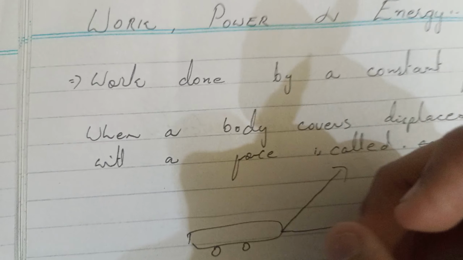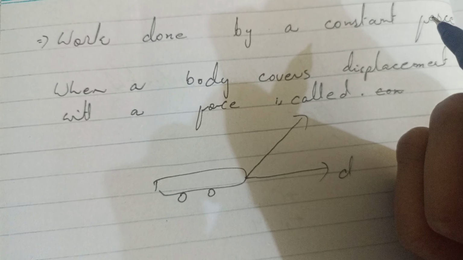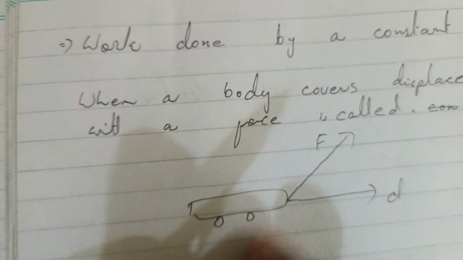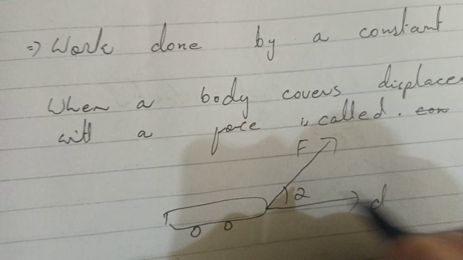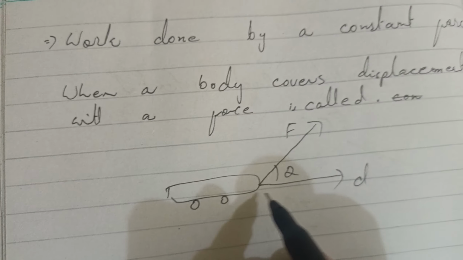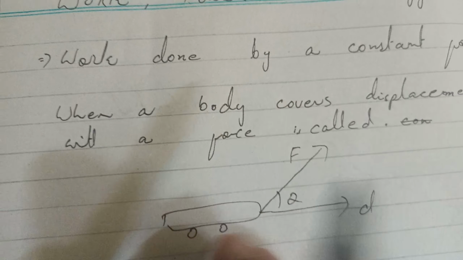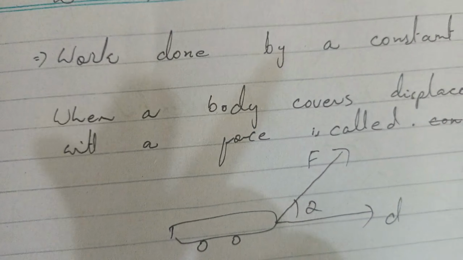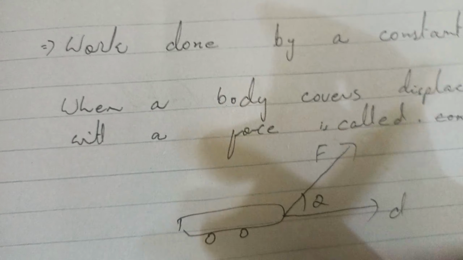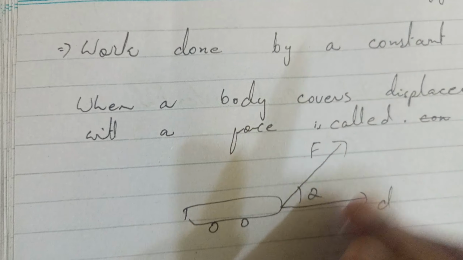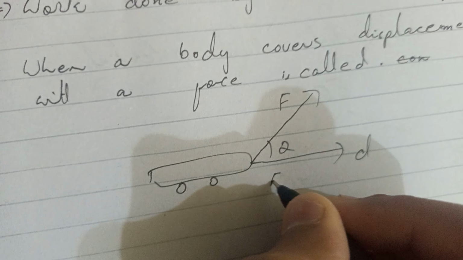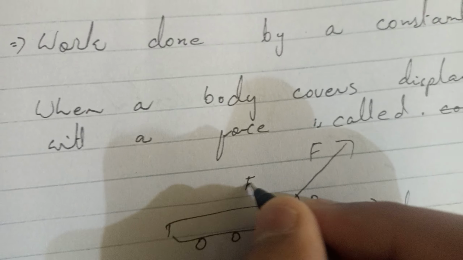If someone is pulling from this side, that will be the force F, in this direction, and this will be the angle theta. I cannot show you right now, but I have proved that when you pull anything from this side, the displacement will be covered in the x direction. This component is called F cos theta, and this is called F sin theta.